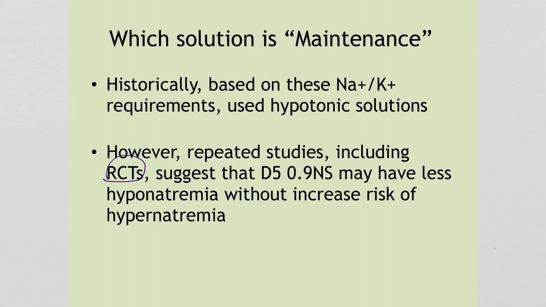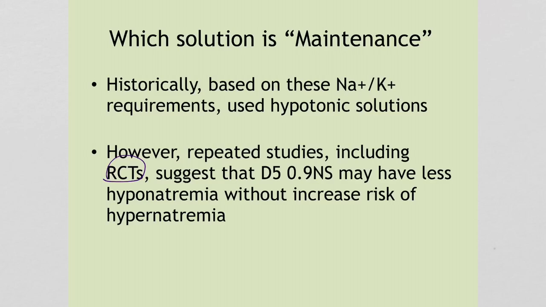And we've seen in the culture of at least pediatric hospital medicine that these studies have really changed our go-to first solution for maintenance for a normal healthy child that doesn't have any significant electrolyte imbalances.